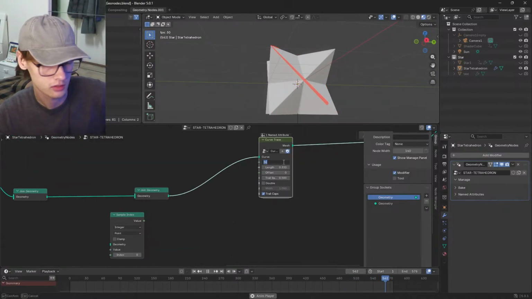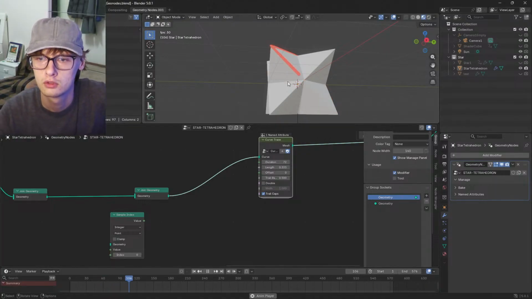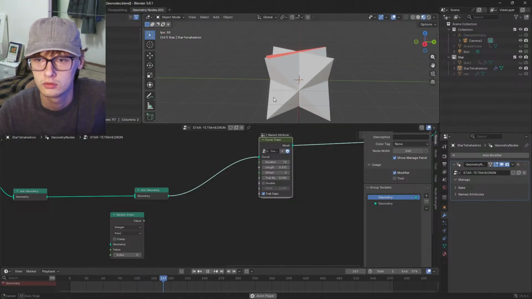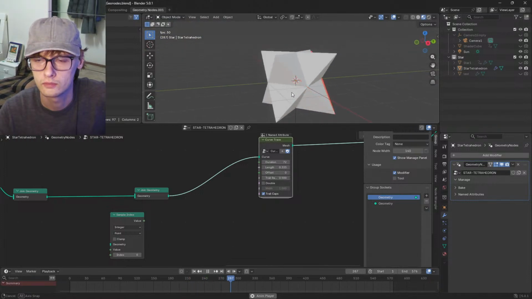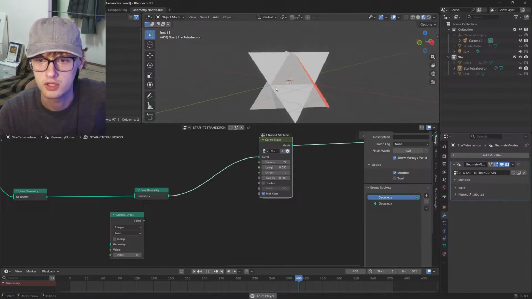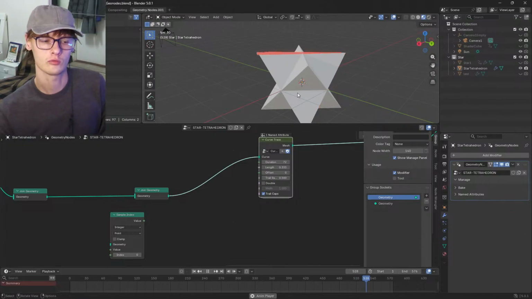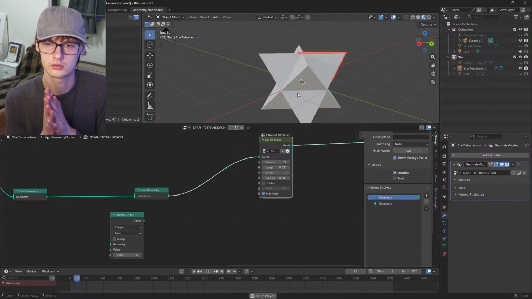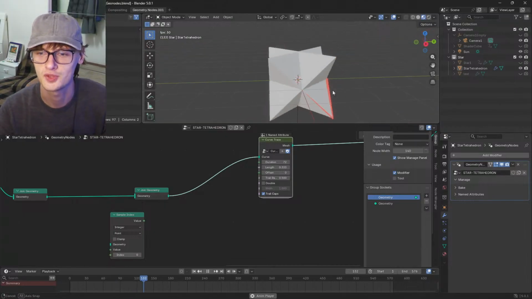So let's make this a lot slower, maybe 72. And the goal is to get every big triangle traced. I haven't figured out in what order they need to trace in order for it to look the best.